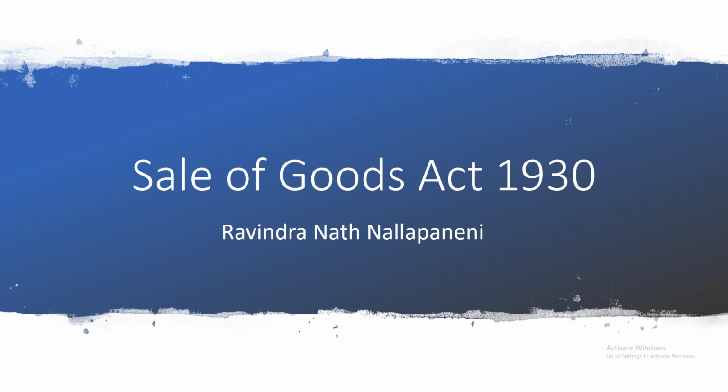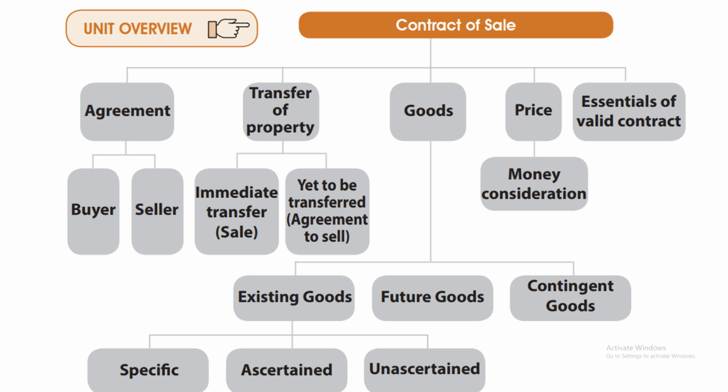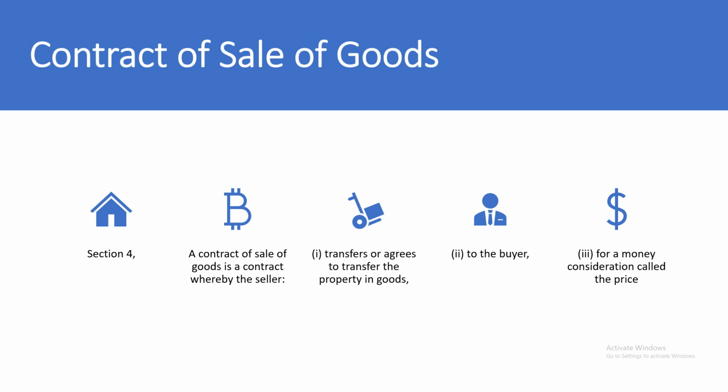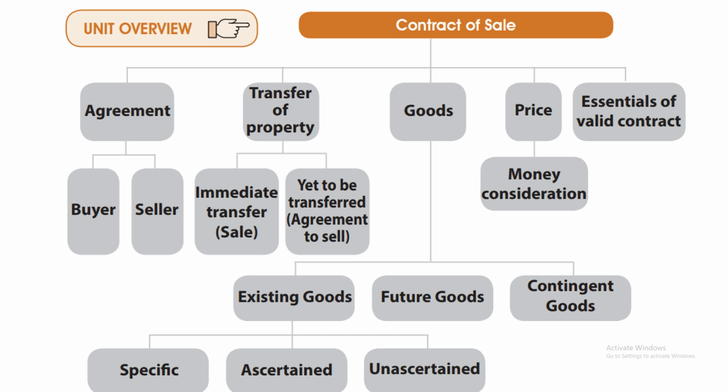Before going for the areas in the Sale of Goods Act, let us have a glance at four important factors that matter in the Sale of Goods Act. As the title itself indicates, goods is one of the important terms, which we are going to discuss at a later stage. The second one is the seller and the buyer. Let us check these two terms.